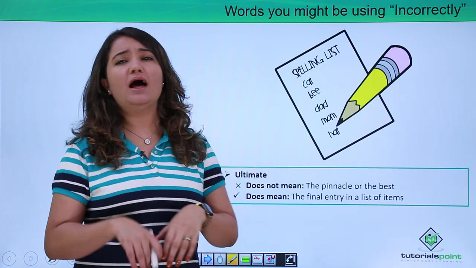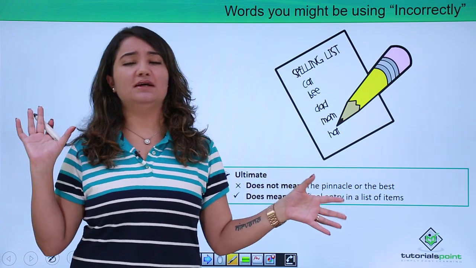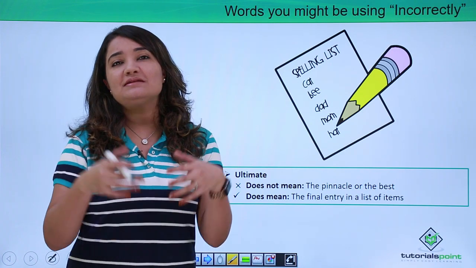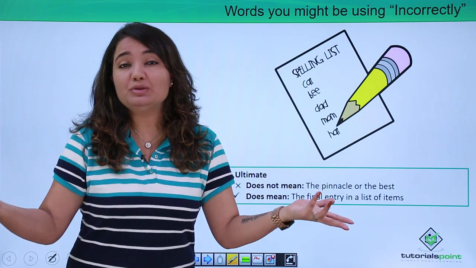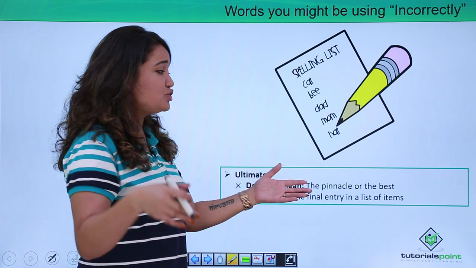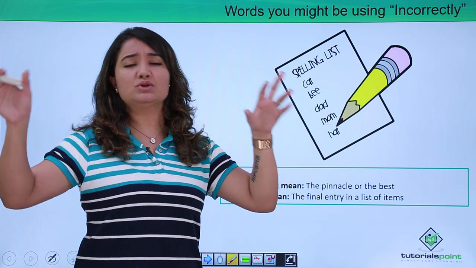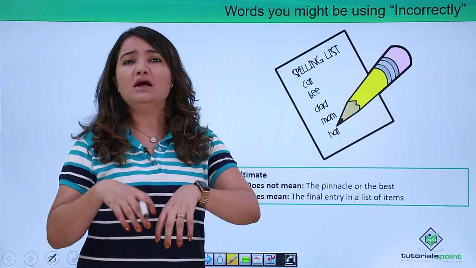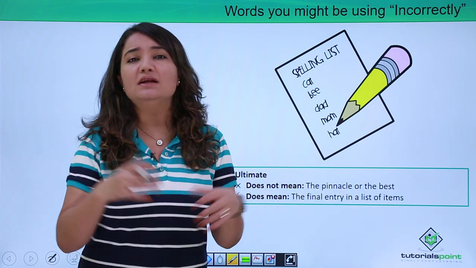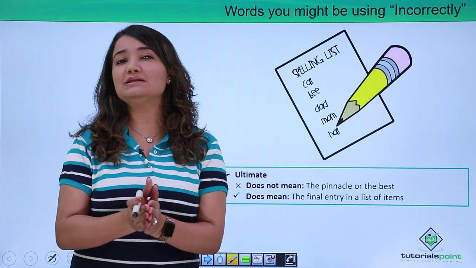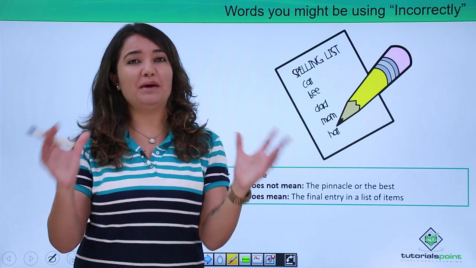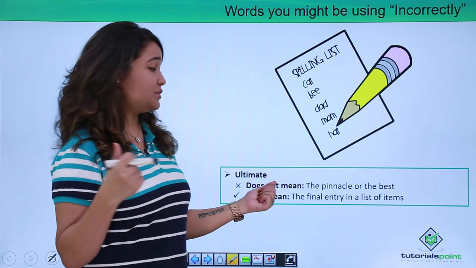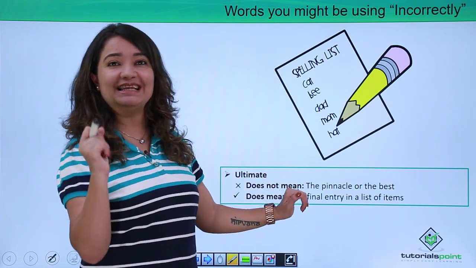Ultimate. Well, I had the ultimate party last night. Usually ultimate is confused as a word which means the best, right? So, I had the best party ever last night, I had an ultimate time with him. Well, ultimate doesn't really mean the best or the pinnacle. On the contrary, ultimate means the final entry in a list of items.